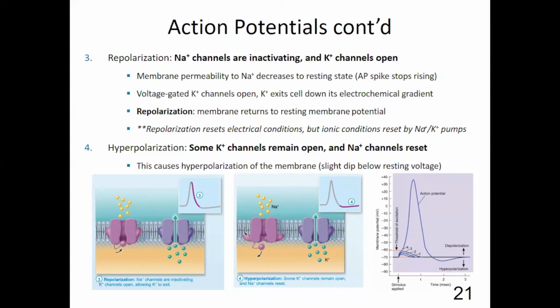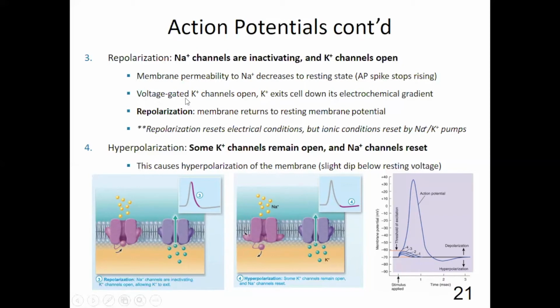At the same time, potassium channels begin to open. Just like those sodium channels, these are voltage-gated channels. So they are triggered when the cell reaches a particular membrane potential.